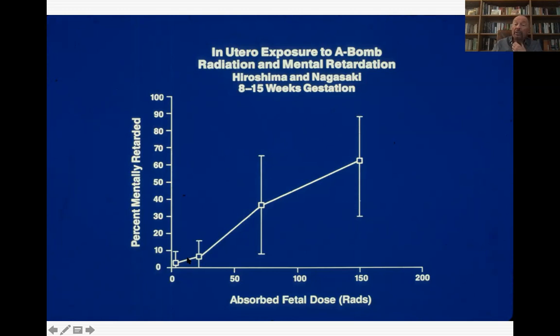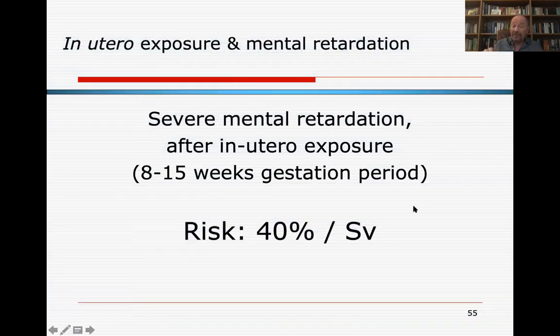This is in rads, so 50 rads means 0.5 gray, so this is 500 millisievert, but you clearly go down to a few millisievert, where you still have significant evidence. And in fact, for severe mental retardation, ICRP recommends 40% per sievert as a factor, which is again approximately a factor of 10 higher than the somatic effects.